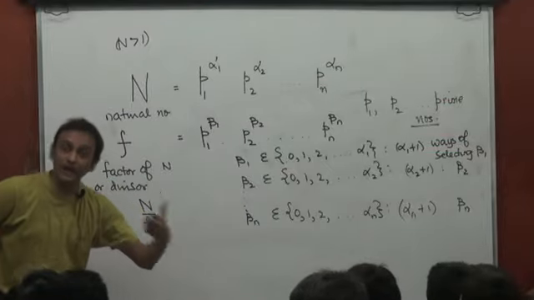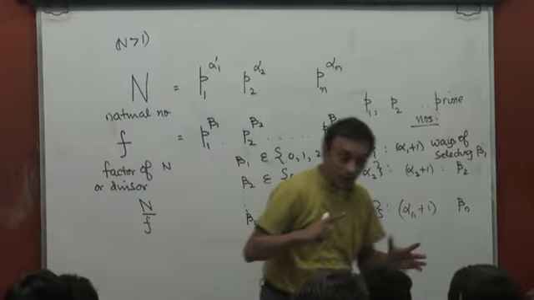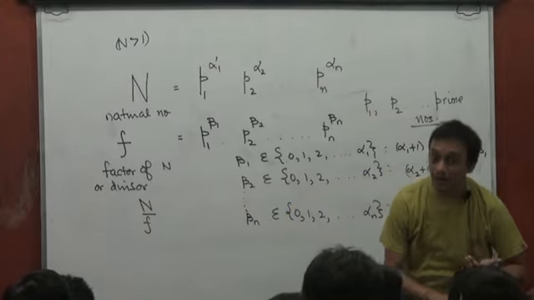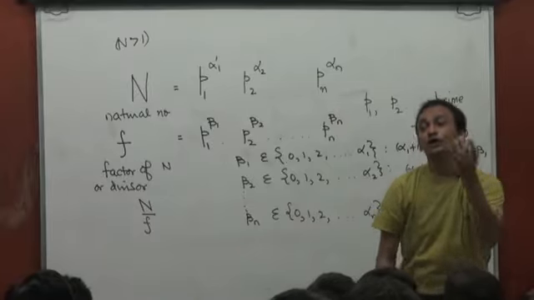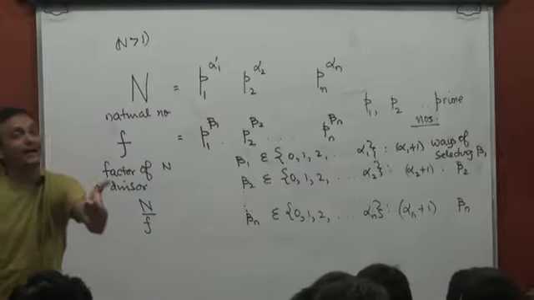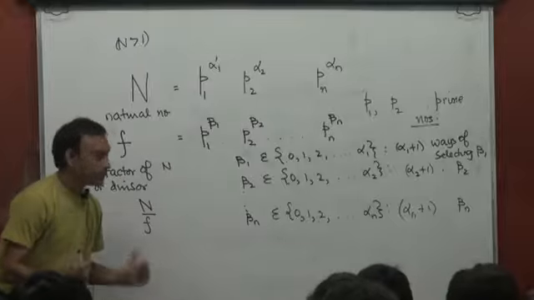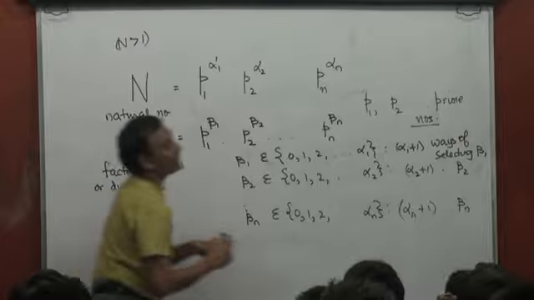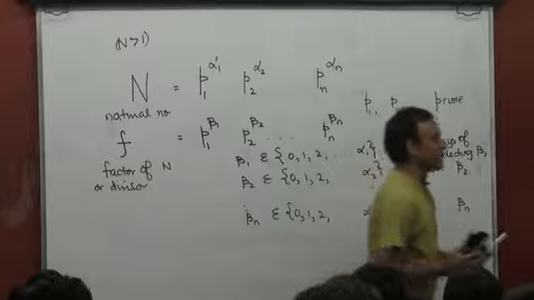The number of ways in which you could select beta 1 and beta 2 and beta 3 and beta n would give you the number of factors f of n, right? Isn't it? So, the number of factors f of n is like from the fundamental principle of counting.